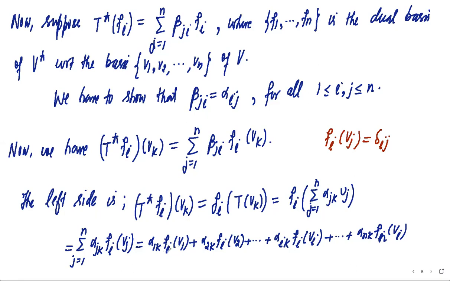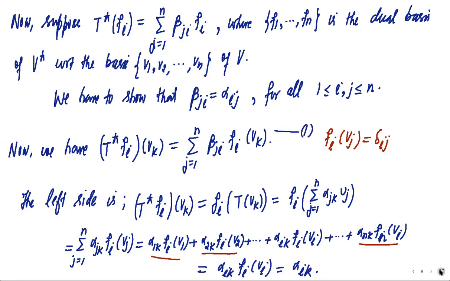So the first term in the sum is equal to 0, the second term is equal to 0, and every term in the sum is equal to 0 except possibly the ith term. So this sum is just equal to alpha ik Fi of Vi, because all the remaining Fi of Vj are equal to 0. But Fi of Vi is equal to 1, so this is equal to alpha ik. Let's call this equation number 1. The left hand side is just alpha ik.